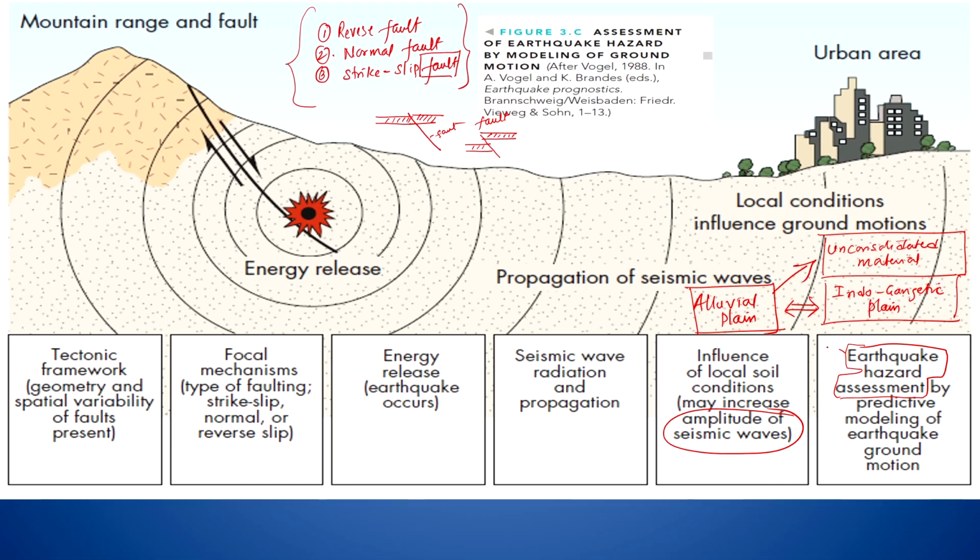This has also been termed seismic hazard assessment, SHA. So, if you know all these parameters, you know the site conditions, how far you are located, what is the type of earthquake, and what will be the magnitude of the earthquake, then you can have a proper seismic hazard assessment.